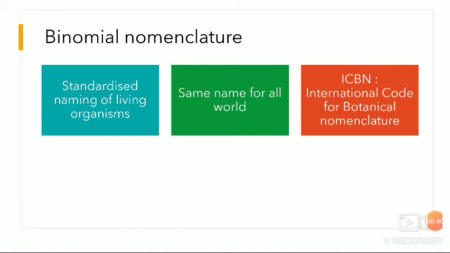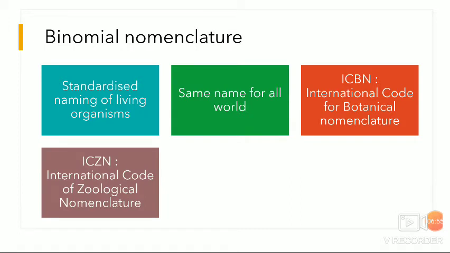There are different codes followed in the whole world, that is ICBN, International Code for Botanical Nomenclature. It provides names to the plants. Then ICZN, International Code of Zoological Nomenclature. It provides scientific biological names to the animals.